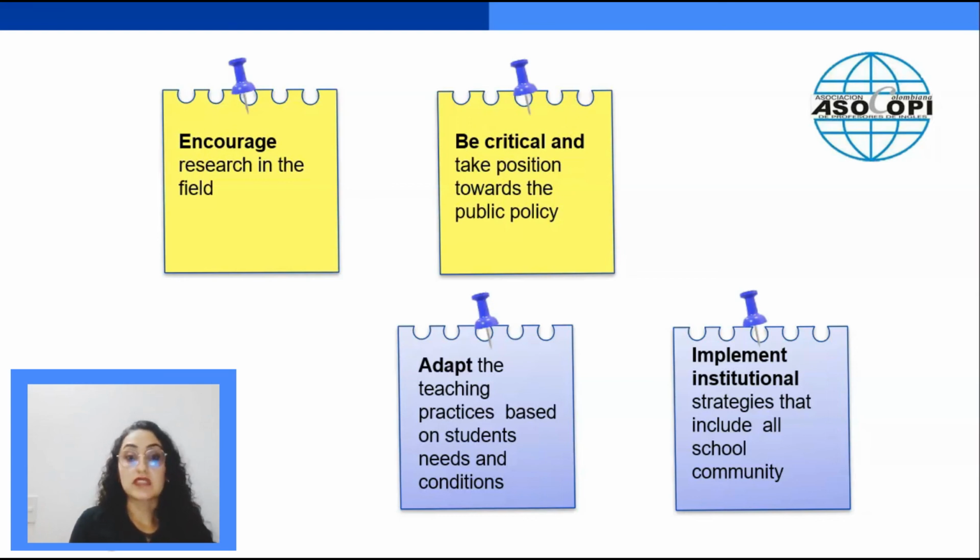In that way, we have to adapt our teaching practices based on students' needs and conditions. And we need to implement institutional strategies that include all voices, students, parents, teachers, and the whole community.